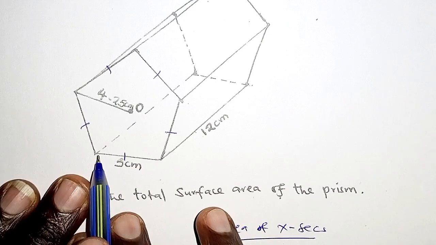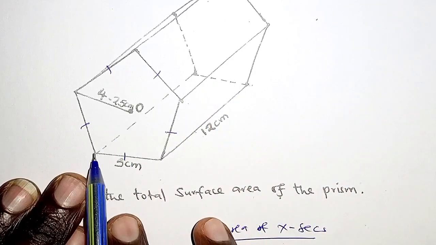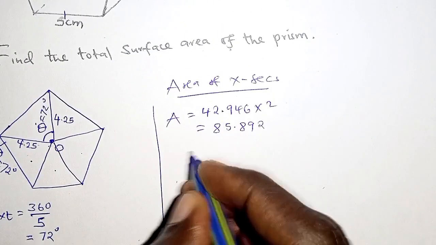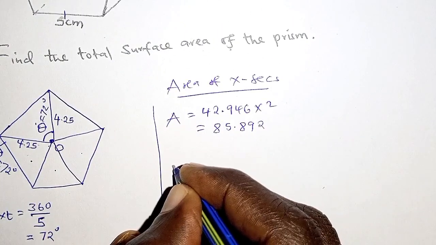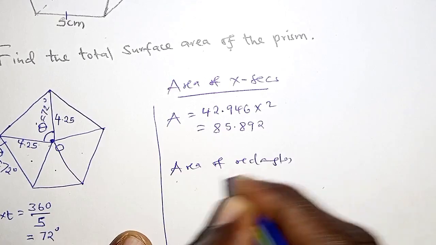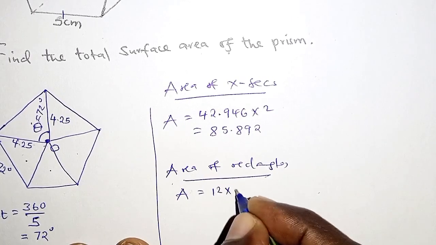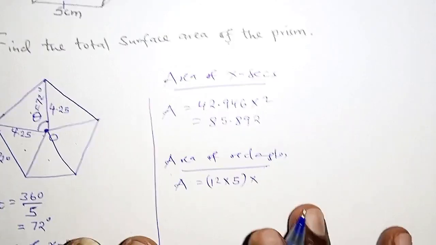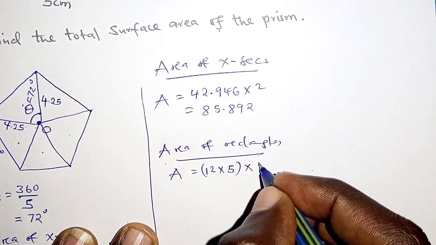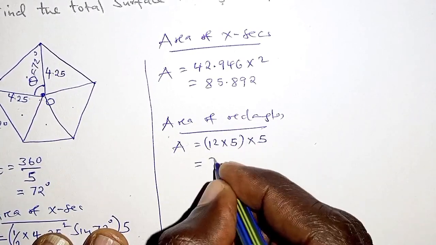So if we have the area of this side, remember it's a rectangle, it's rectangular in shape, so the area is length times width, and then we'll have to multiply by 5. So the area of rectangles is given by length times width, and that is 12 by 5, and then we multiply by the total number of rectangles present, that is 5. And that should give us 60 by 5, which is 300.